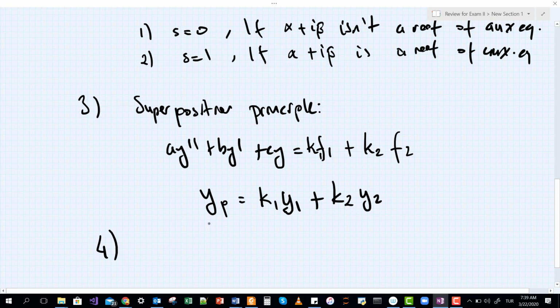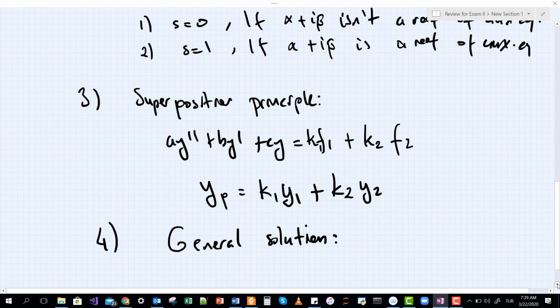But as you see, we always found out what the yp is. But the problem when we solve the differential equation is going to be the general solution.